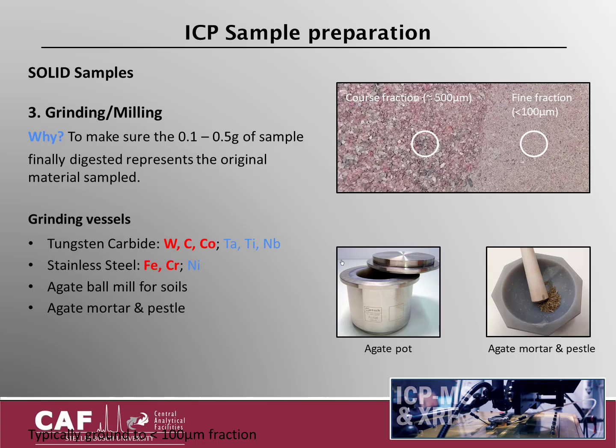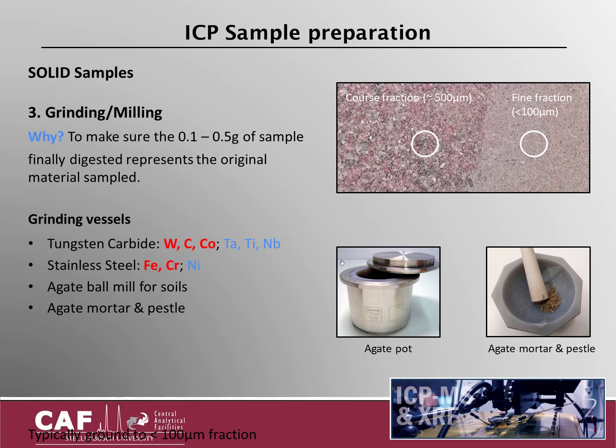When you use tungsten carbide mill pots, they will contribute large amounts of tungsten, carbon and cobalt, as well as trace amounts of tantalum, titanium and niobium. This is mostly only used for geological sample material.